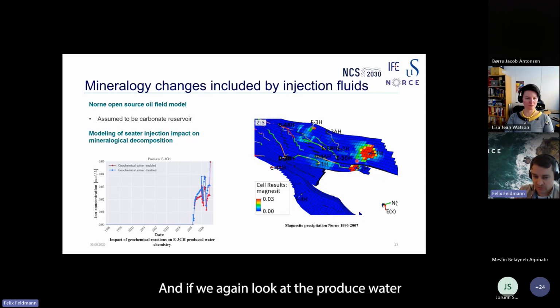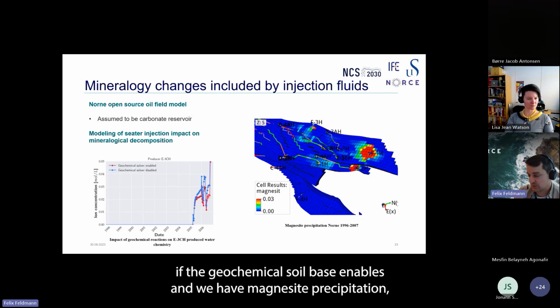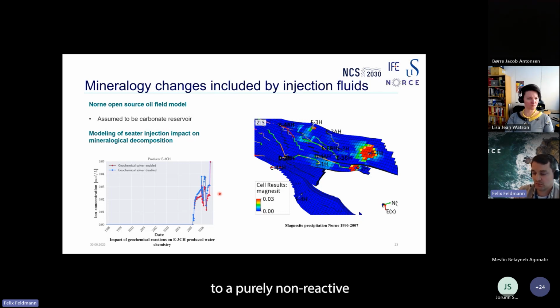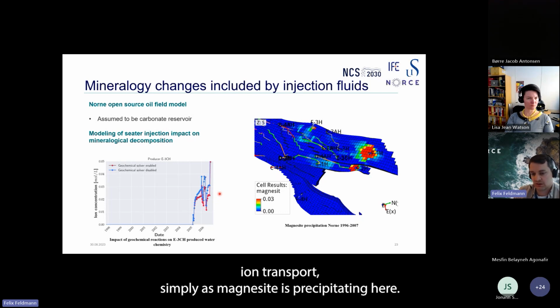And if we again look at the produced water chemistry in the production well, if the geochemical solver is enabled and we have magnesite precipitation, then obviously the produced magnesium concentration will be lowered compared to a purely non-reactive ion transport, simply as magnesite is precipitating here.